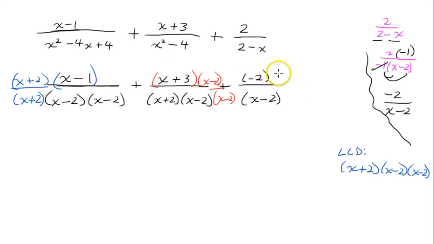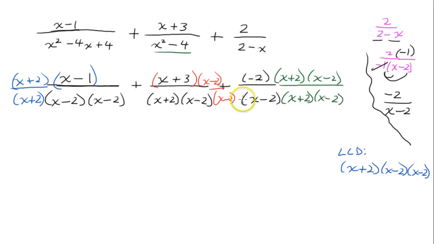All right, and now over here, this last rational expression, we are missing another x minus 2 and another x plus 2. So I'm going to put that x plus 2 and x minus 2 we're missing, which really we know is x squared minus 4 because we just factored that just a minute ago. But we'll multiply that on the numerator and the denominator.